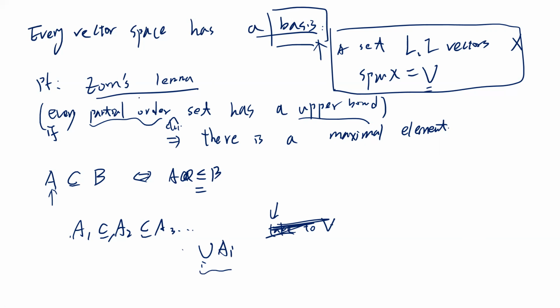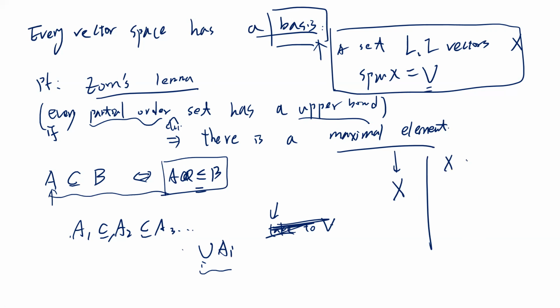So by Zorn's lemma, there's a maximal element. Let's call the maximal element X. So X is a set of vectors, and by definition, I defined the order only for linearly independent sets, right?